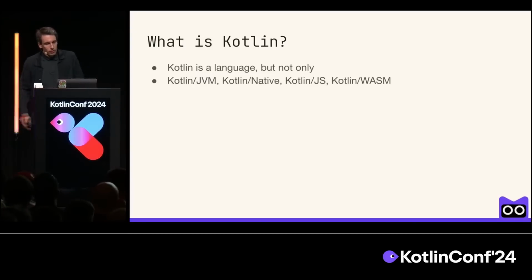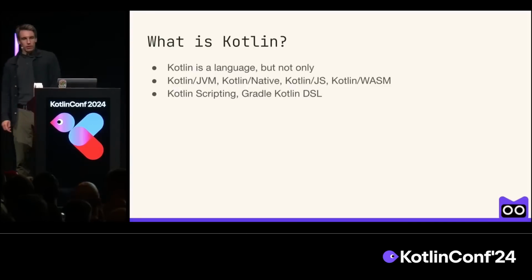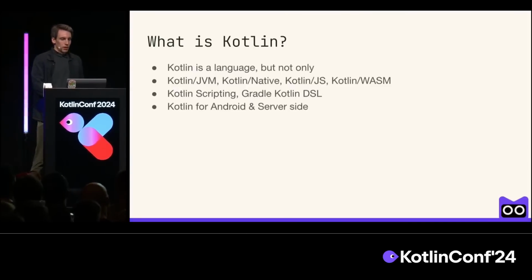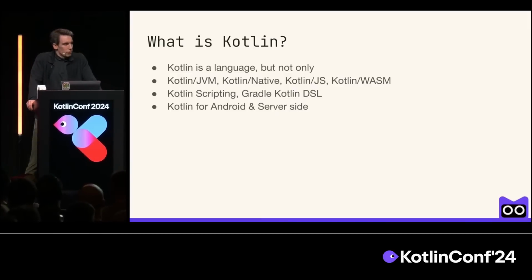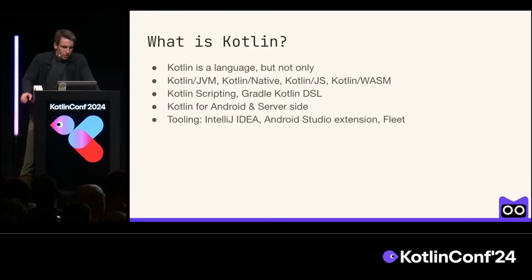Apart from the core language, Kotlin targets several compilation environments, including JVM, native, and web. We also offer Kotlin scripting with its shiny new Gradle Kotlin DSL. Kotlin is extensively used for Android and server-side development and has all the necessary technological stack to develop, debug, and publish applications. We develop plugins for IntelliJ IDEA and Fleet.